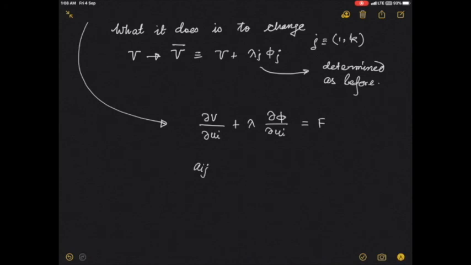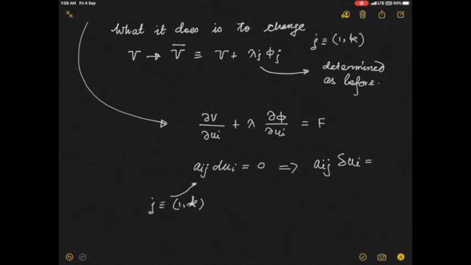So the constraint I will write like this: a_ij du_i plus a_j dt equals 0 for j constraints, so j goes from 1 to k. Now for the virtual displacement, obviously this will be a_ij delta ui equals 0. So this will be the virtual displacement because of the constraints.